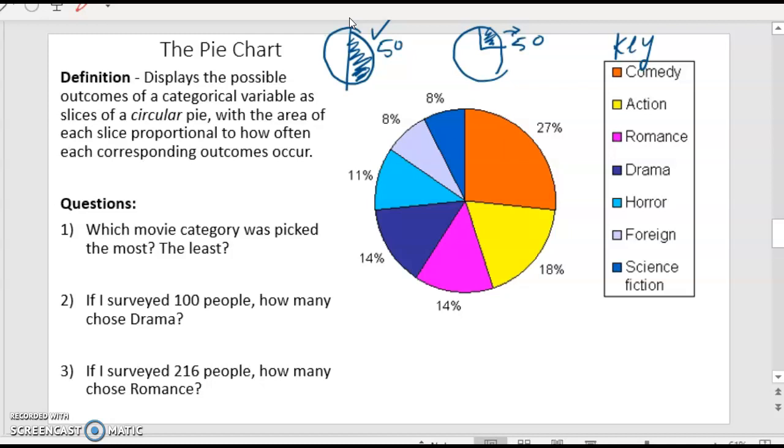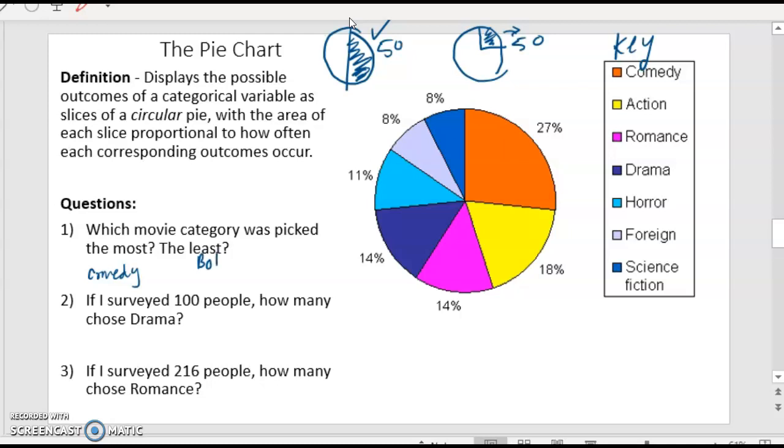So here are some questions and some ways that we can interpret our pie chart. This is about movie categories that let's say a classroom picked. So which movie category was picked the most? Obviously the most is the biggest percentage, which is the comedy. Okay, and which one was picked the least? In this case, I've got two categories that were picked the same amount, and that's the smallest number.